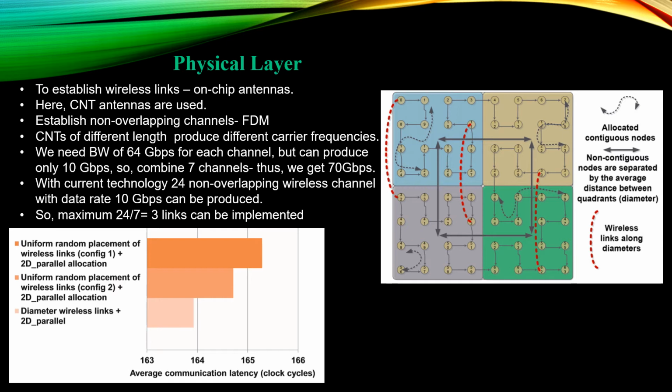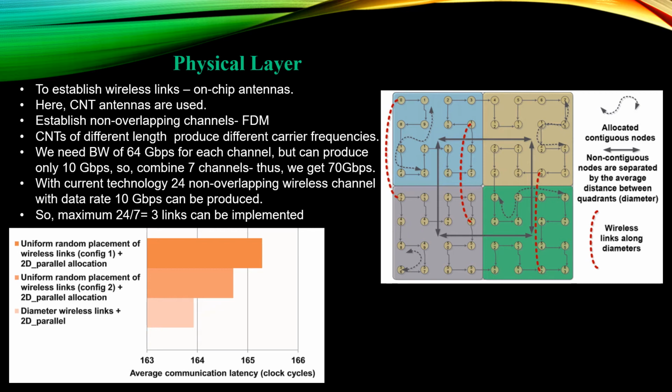Dedicated and non-overlapping channels are also produced using frequency division multiplexing technique, and the different carrier frequencies are produced using the CNTs, which are of different lengths. That is, the length of the CNTs are proportional to the wavelength of the waves produced by it.